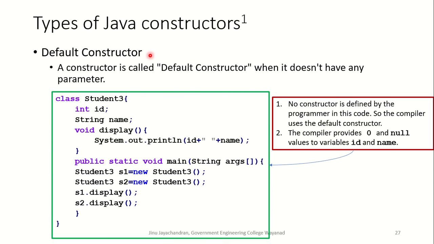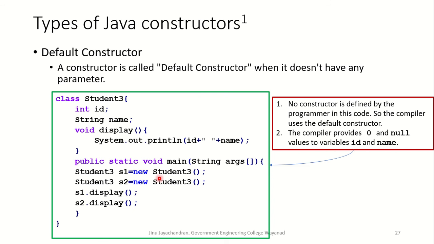So these are different types of constructor. First is the default constructor. If you look at this class, a constructor should have the same name as that of the class. There is no such constructor defined inside this class. There is only one method, which is display.